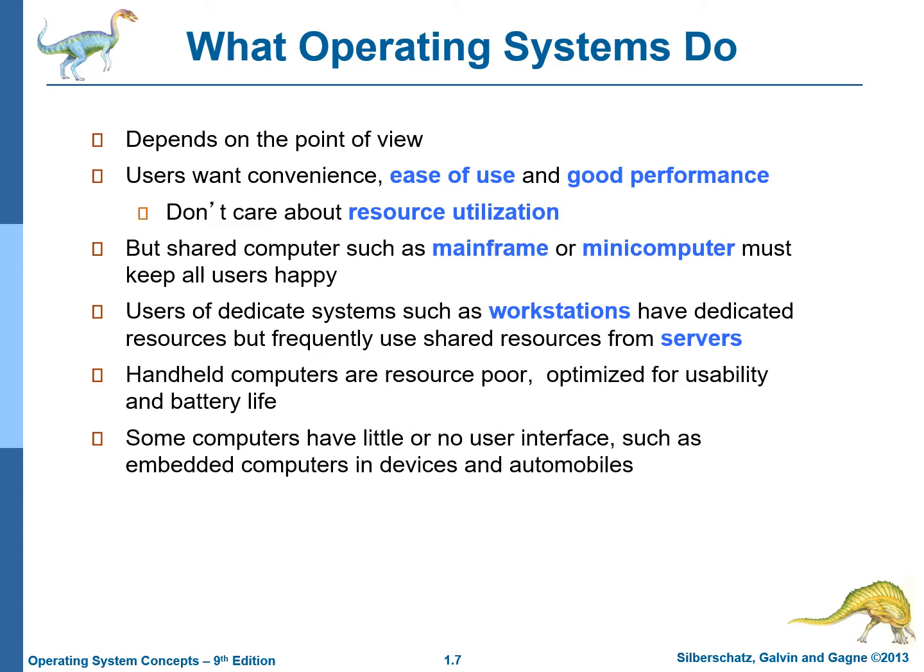What is the primary role of an operating system? There are two primary objectives of operating system.